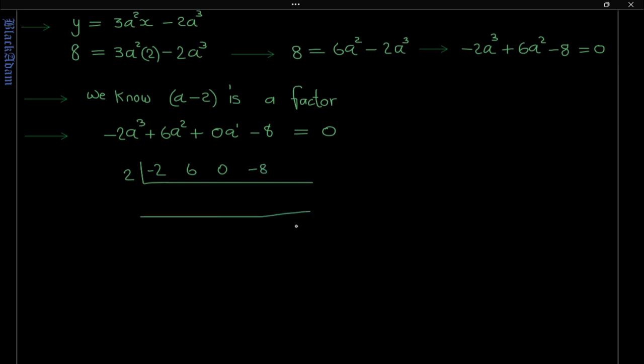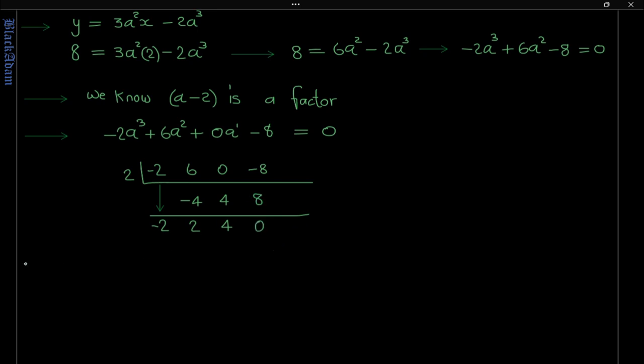So we're going to find the factors. We drop the first part, which is negative 2, so this is synthetic division. 2 times negative 2 is negative 4, 6 plus negative 4 is 2, 2 times 2 is 4, 0 plus 4 is 4, 2 times 4 is going to be 8, negative 8 plus 8 is 0.